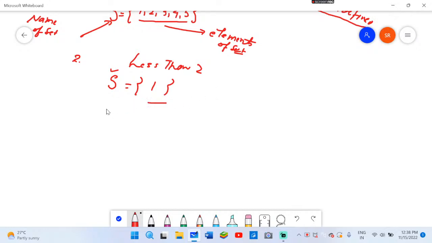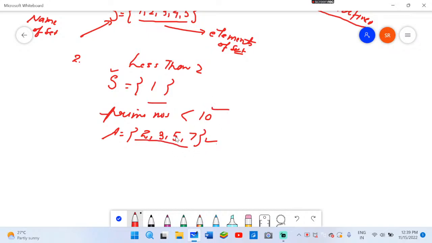So there could be many examples. Set of prime numbers less than 10. So this set will be, minimum prime number is 2, then 3, then 5, then 7. 8, 9 and 10 are composite numbers and 10 is not included here.